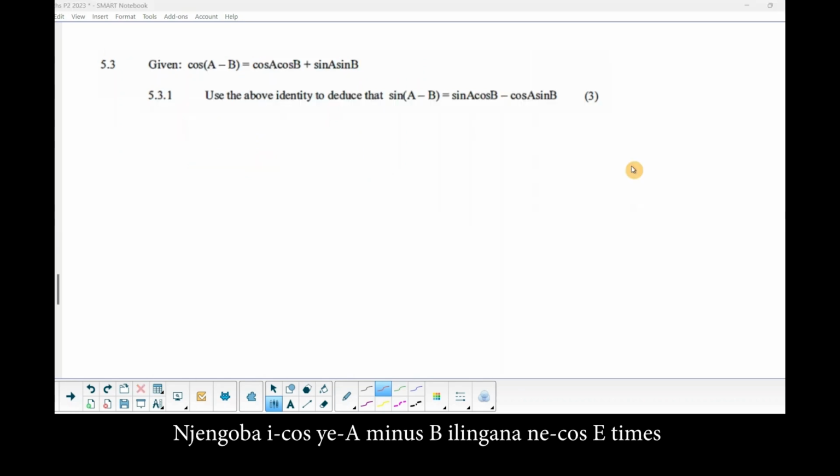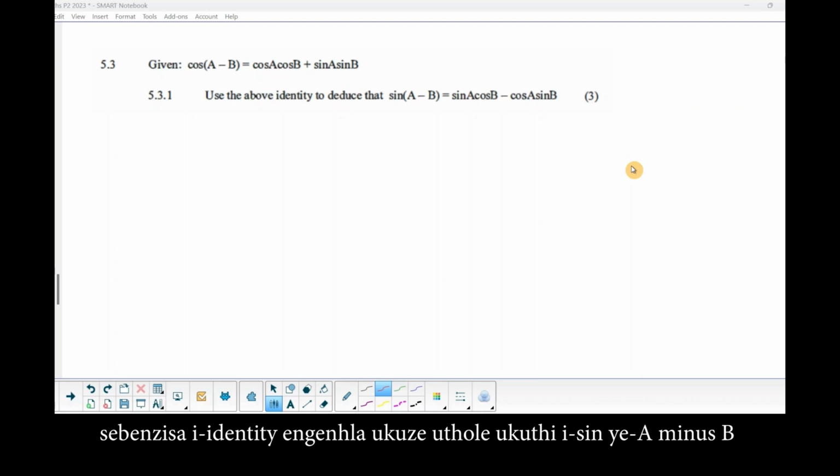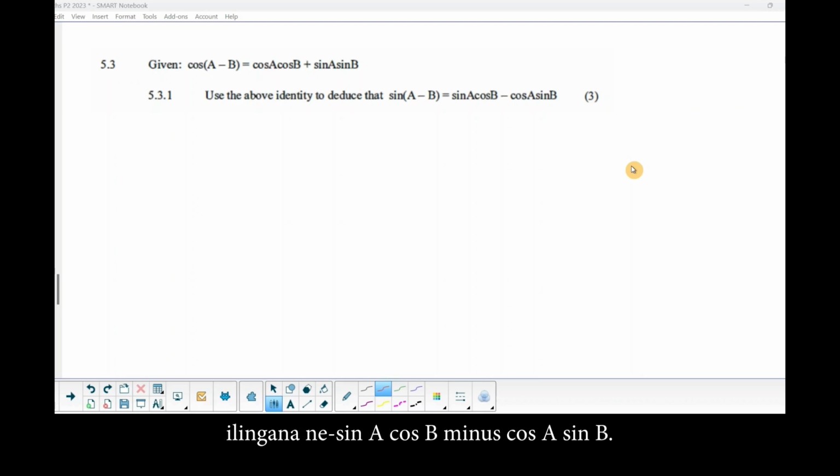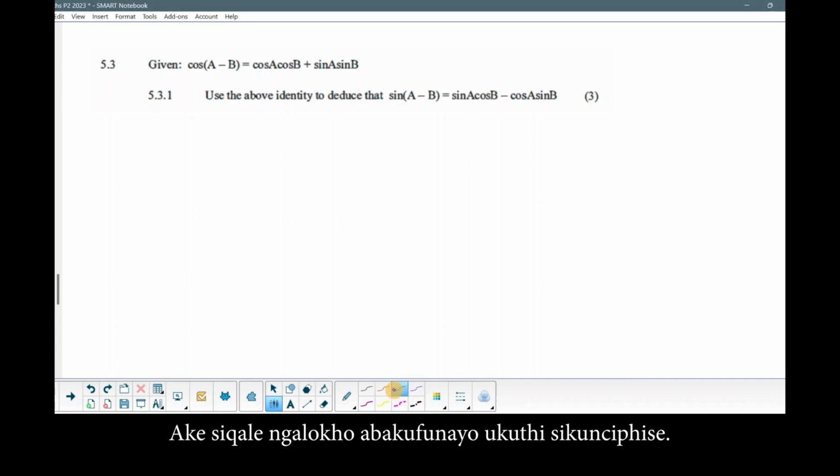5.3, given that cos of a minus b is equal to cos a times cos b plus sine a times sine b, use the above identity to deduce that sine of a minus b is equal to sine a cos b minus cos a sine b. So let's start with what they want us to simplify.